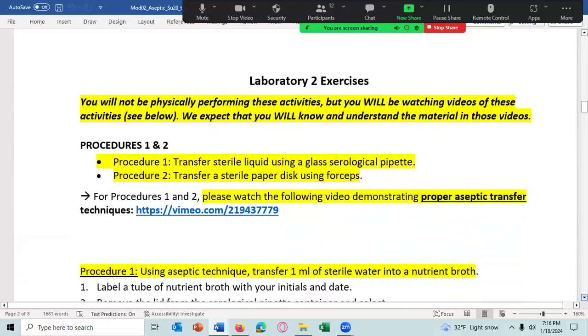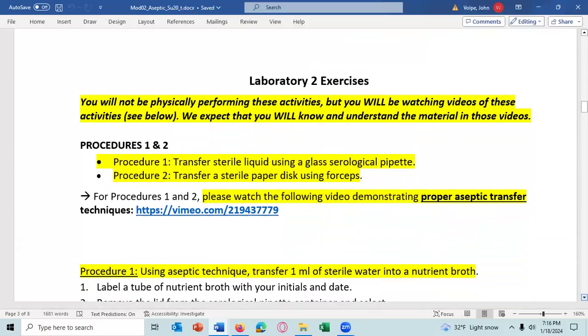In this laboratory exercise, you're not going to be physically performing any of these activities because this will be an online lab, but you will be watching videos of these activities, and we expect you to know the material in these videos as well as the material in this lab, and you will be quizzed on them.